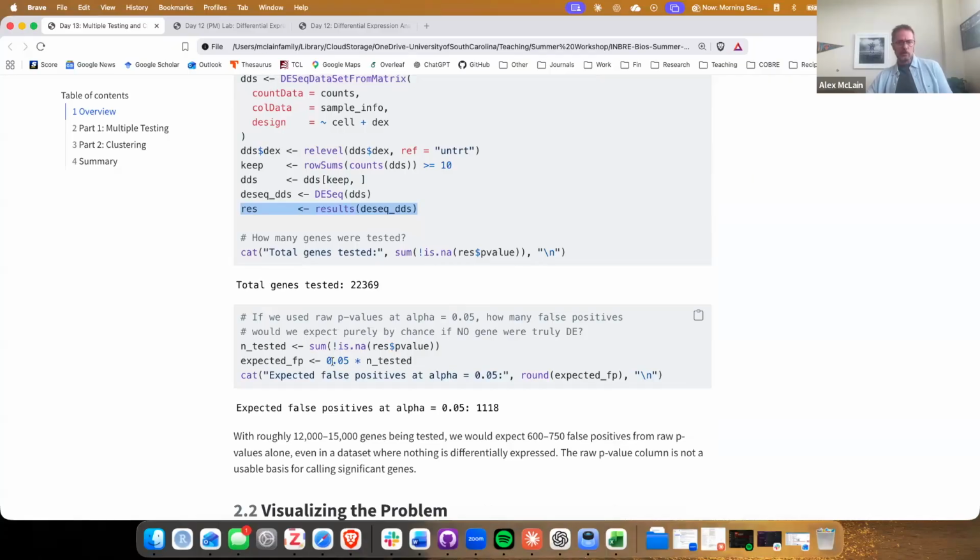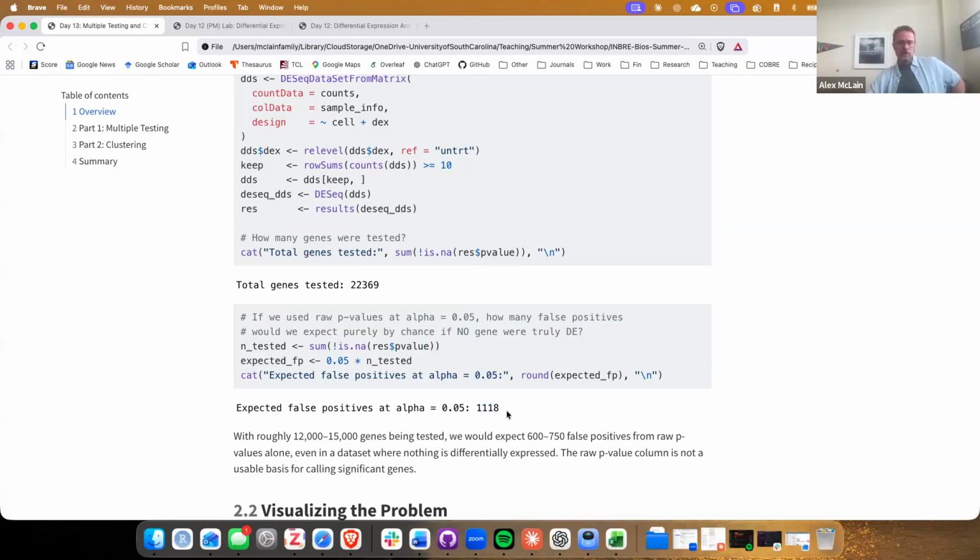Well, that's going to be 0.05 times the number that we tested, which will be 1,118. So if there was no signal in this study, like the treatment had no effect on any of these genes whatsoever, and we cut off the p-values at 0.05, we would expect to say that over 1,000 were significant. Those would all be mistakes in that hypothetical situation.